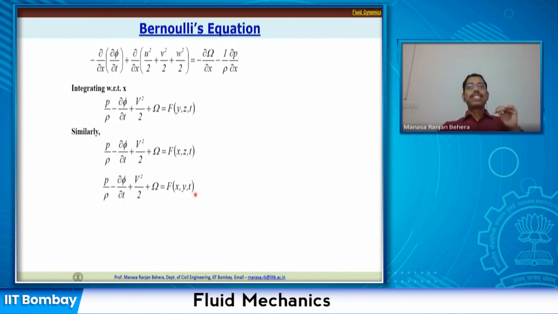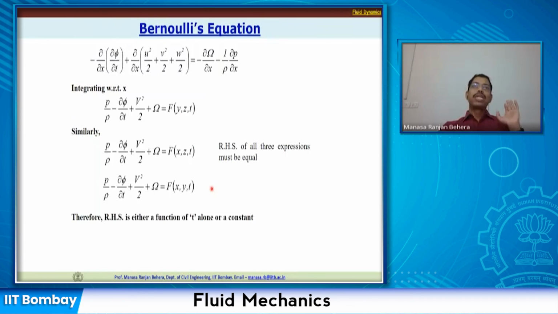Now in all these three cases, the right hand side, if you see, all three expressions must be equal, because the left hand side is the same in all three cases. If all three have to be equal, then they cannot be a function of x, y, or x, z, or y, z. They can only be a function of t.